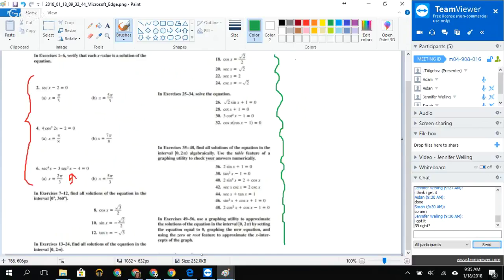All right, so number 8 here, we have that the cosine of x equals the square root of 3 over 2. In 7 through 12, what they're asking is for us to find all the solutions to the equation in the interval 0 degrees to 360 degrees.